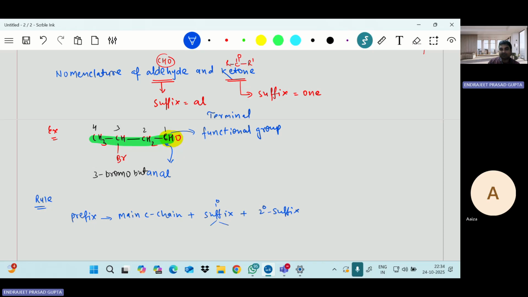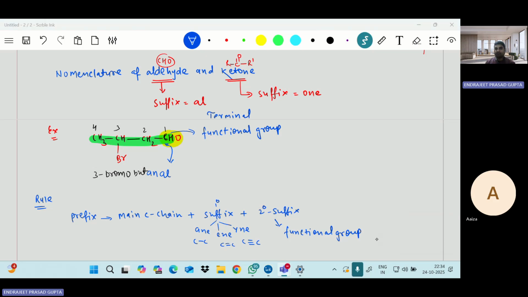Primary suffix is always ane, ene, or yne: carbon-carbon single bond ane, carbon-carbon double bond ene, carbon-carbon triple bond yne. And secondary suffix is always the functional group.